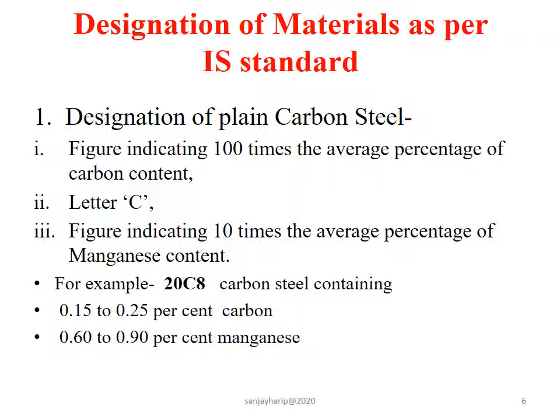Let us see first the designation of plain carbon steel. For example, 20C8. This carbon steel contains 0.15 to 0.25% of carbon and 0.6 to 0.9% of manganese.